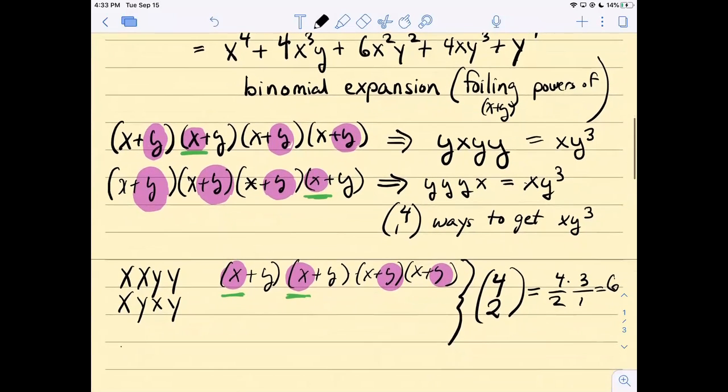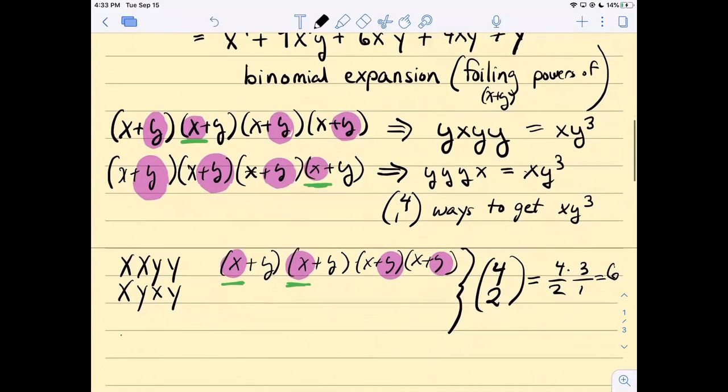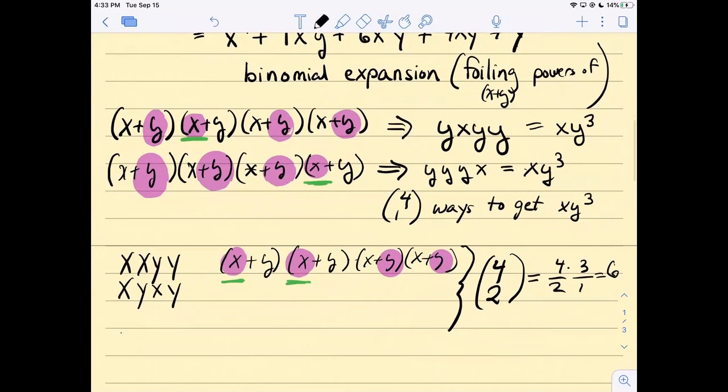Is it 4 choose 2 because there are 2 similar terms? Yes. So why is this one 4 choose 2? There's a few ways to think about it. First, when we talked about combinations, we mentioned last week that combinations are similar to the Mississippi problem, but with exactly 2 letters.